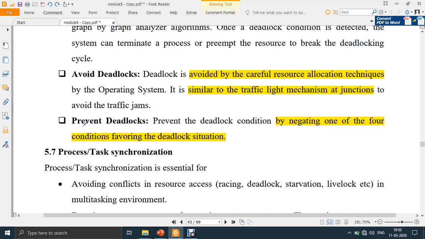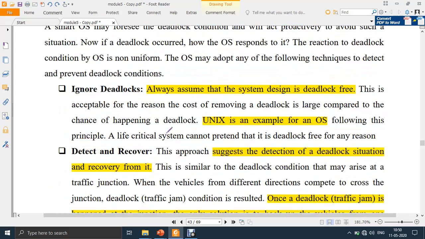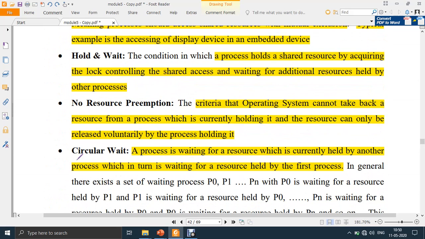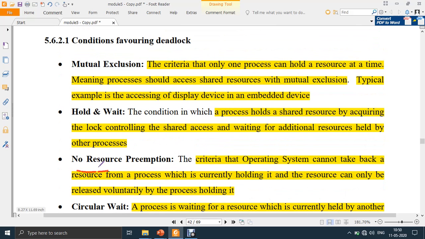The last way of coming out of the deadlock is to prevent the deadlocks. How will you prevent the deadlocks? Simple. You have to remove these conditions. You should not allow circular wait. You should not allow the no resource preemption condition, that is, the OS should be allowed to preempt a process and take away the resource forcefully.